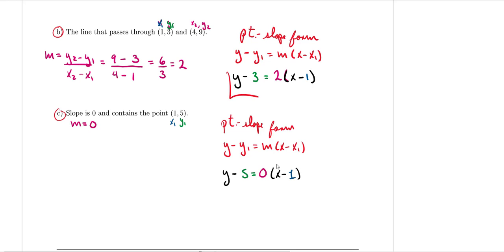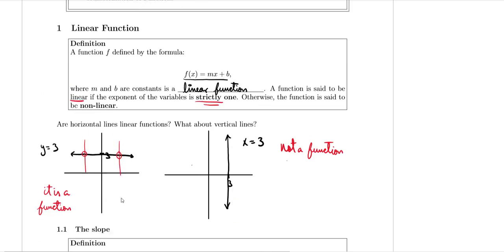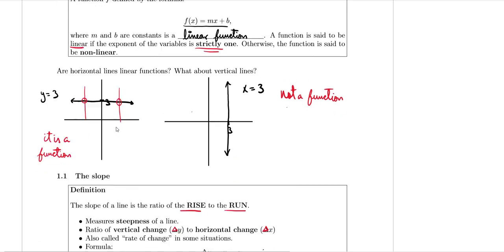So that essentially leaves us with the following. y minus 5 is equal to 0 times anything, which is going to be 0. So there's nothing on the right hand side, which means that I can simply add 5 on both sides. So we get y is equal to 5. Oh, okay, well, if we have y equal to 5, then remember, anytime that we have an equation that's y equals a number, just as we saw here, it is a horizontal line.